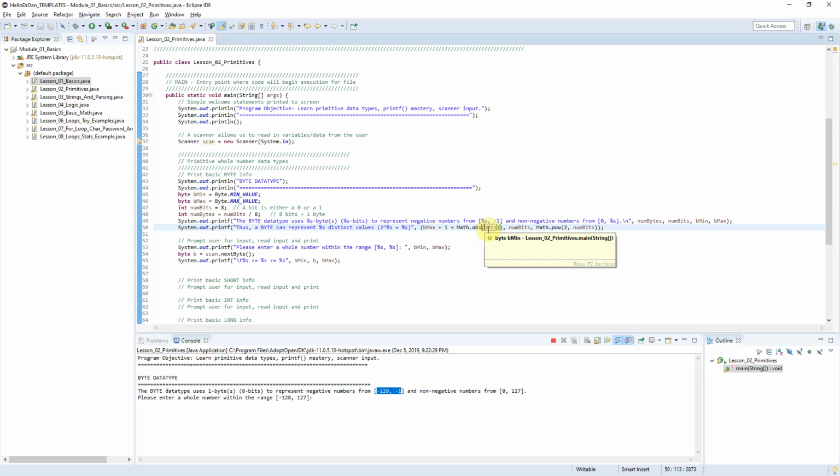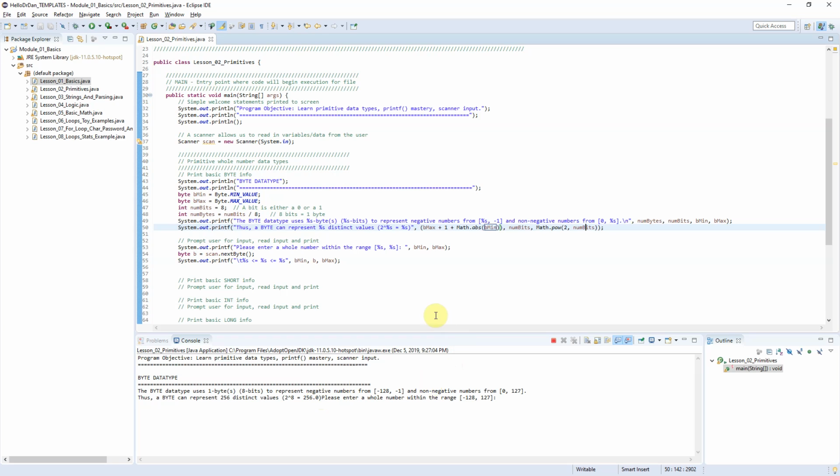Remember B min is negative 128. So what I'm doing is adding 127 plus 1 plus 128, and that should equal 256, which should also be the same mathematical value as 2 to the 8. So let's go ahead and play this, and we see, thus a byte can represent 256 distinct values. 2 to the 8 equals 256.